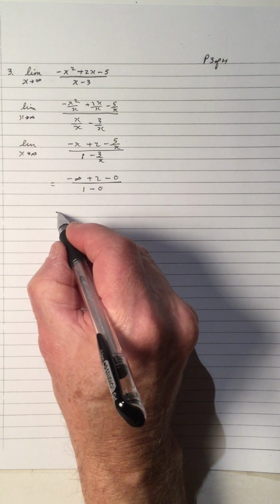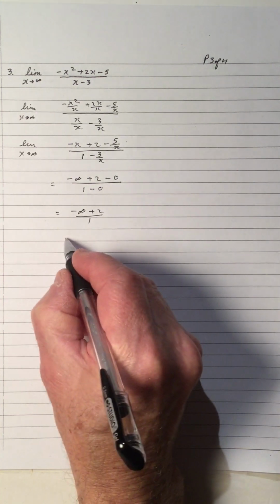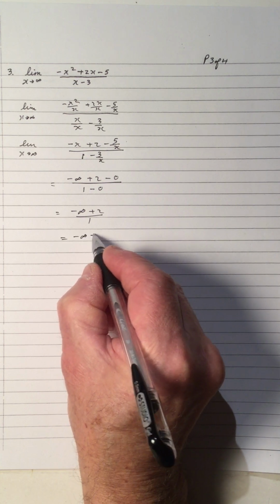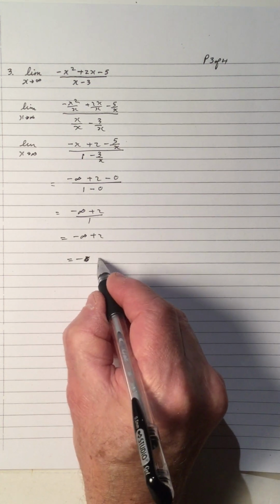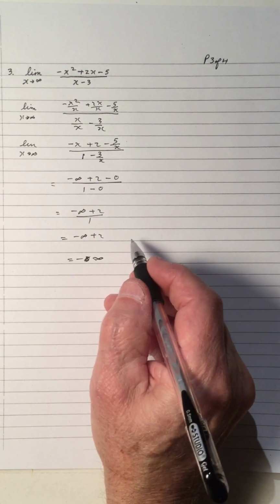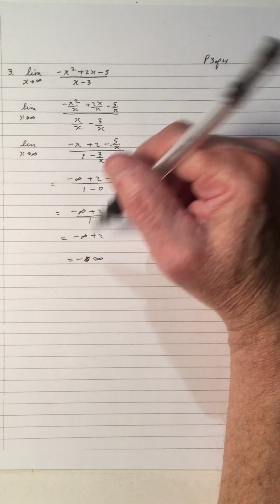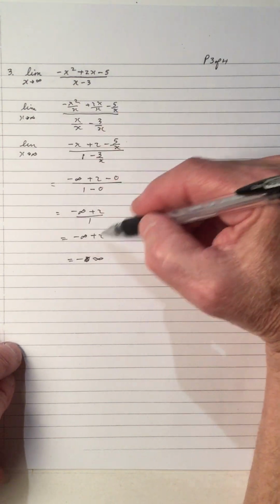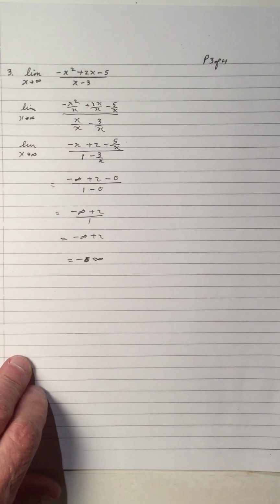So that gives us negative infinity plus 2 over 1, which is negative infinity plus 2, which is negative infinity. Oh, negative infinity, simple. So the limit here is negative infinity. And I did it by dividing again the top and the bottom by x.